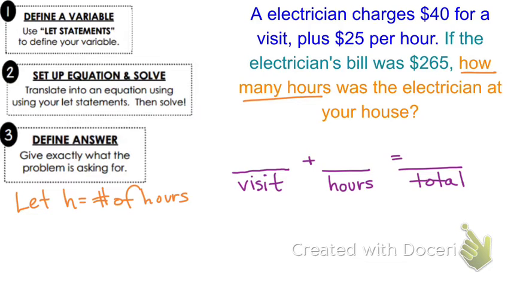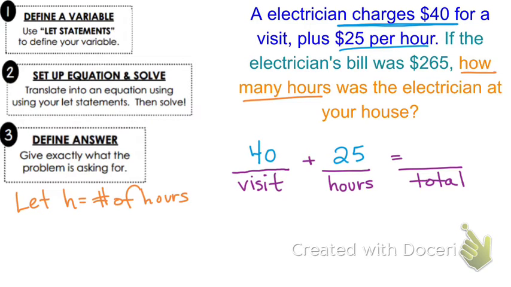Now I can look up to the numbers and start filling things in. So how much are they going to charge me for the visit? $40. So that's just $40 for them to come out. Then how much are they going to charge me for the hours that they're there? $25.